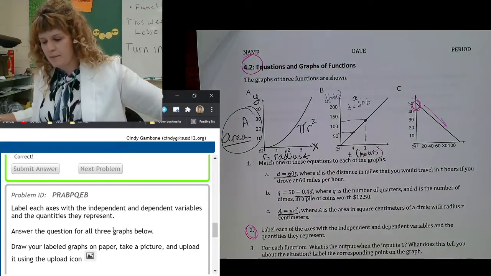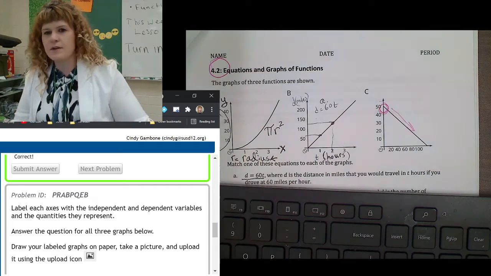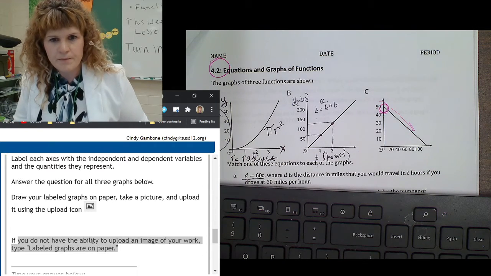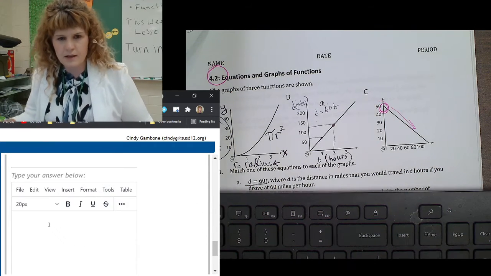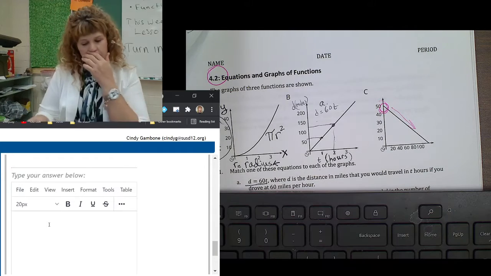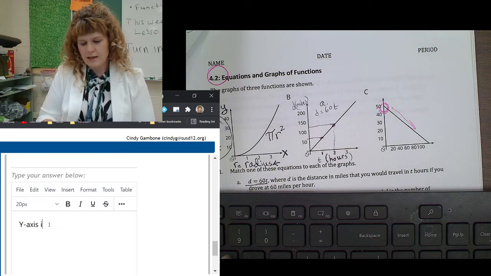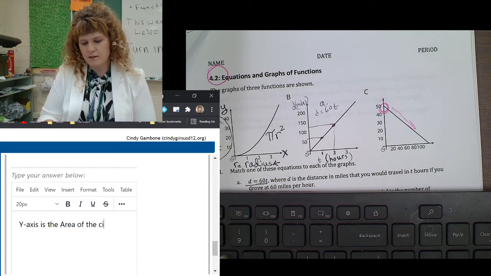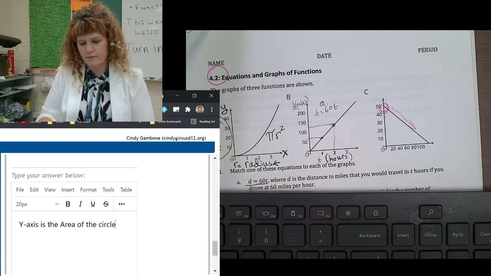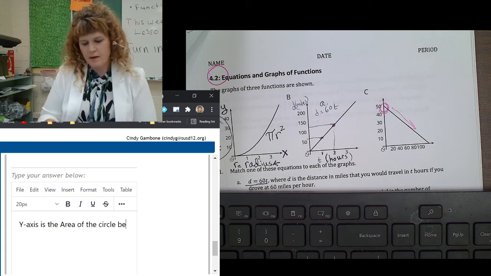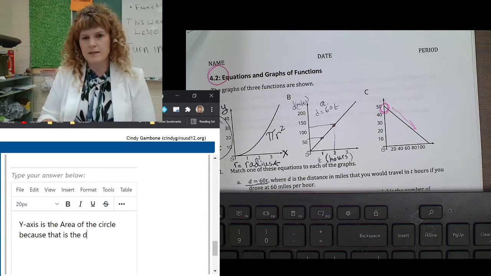But if you don't want to upload a picture, let me tell you how you can type this in. Do not tell me that it is on your paper. Don't type that in. You can type like this. Y-axis is the area of the circle because that is the dependent variable.